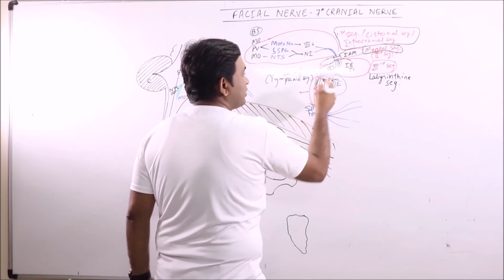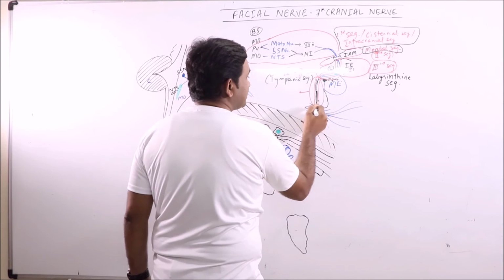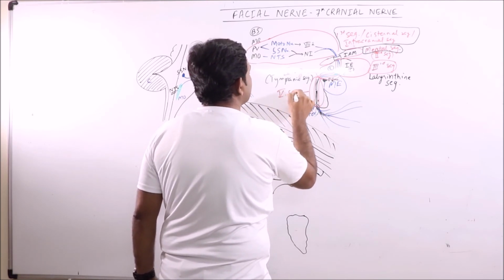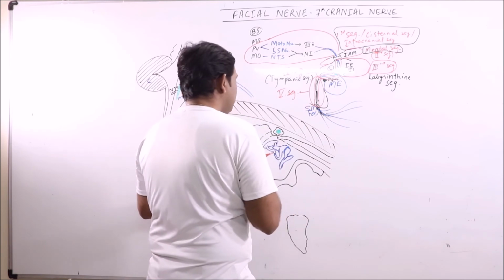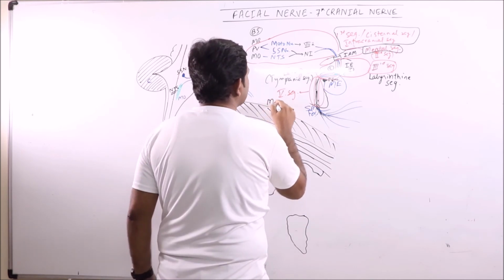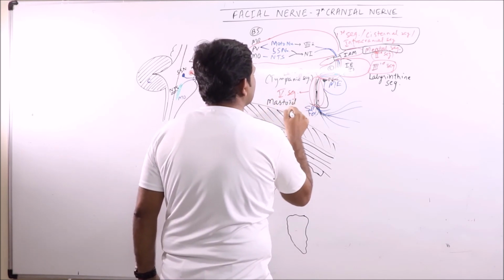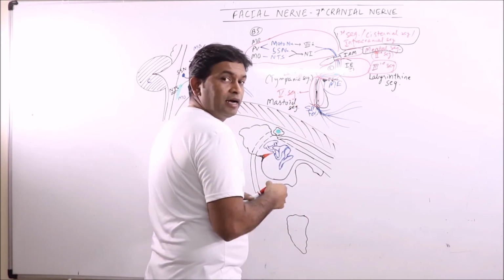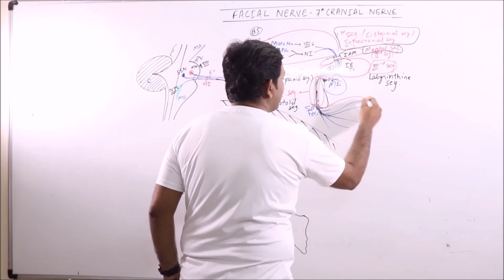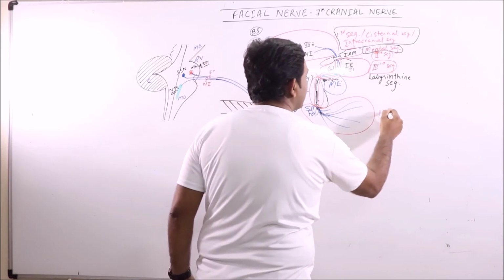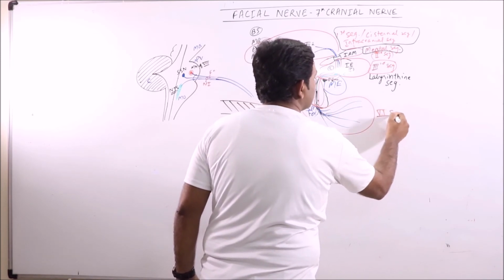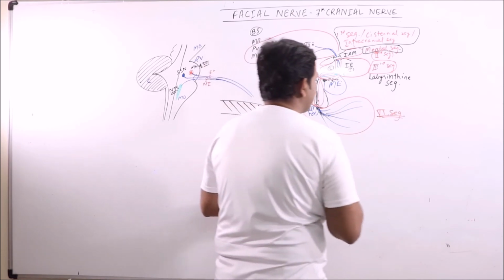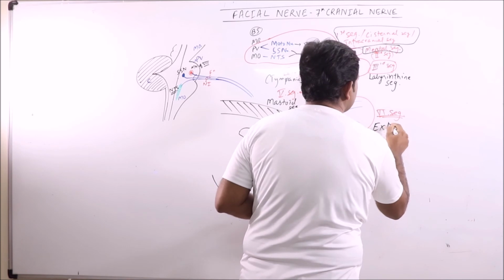It starts at the pyramidal eminence and ends at the stylomastoid foramen. This is the fifth segment, the mastoid segment. After emerging from the stylomastoid foramen, it gives the extratemporal branches, forming the sixth segment, the extratemporal segment.